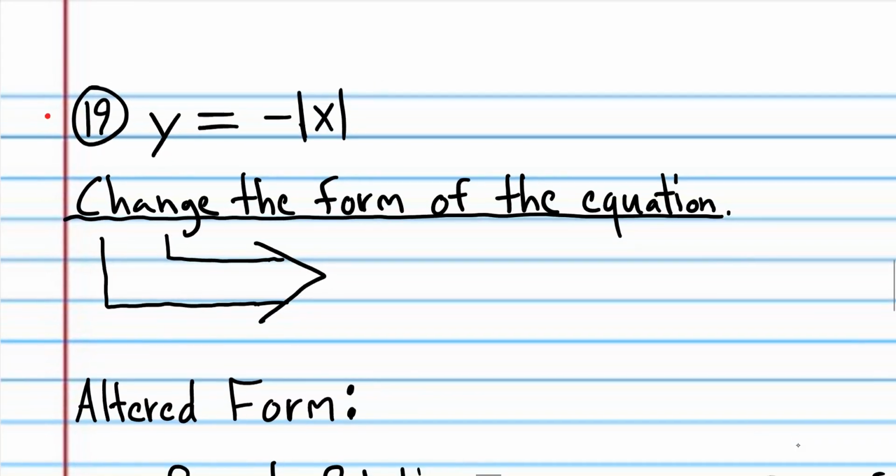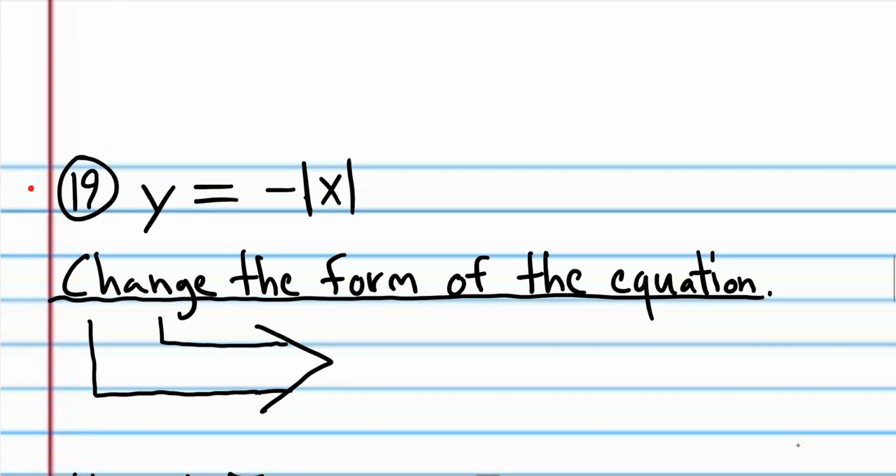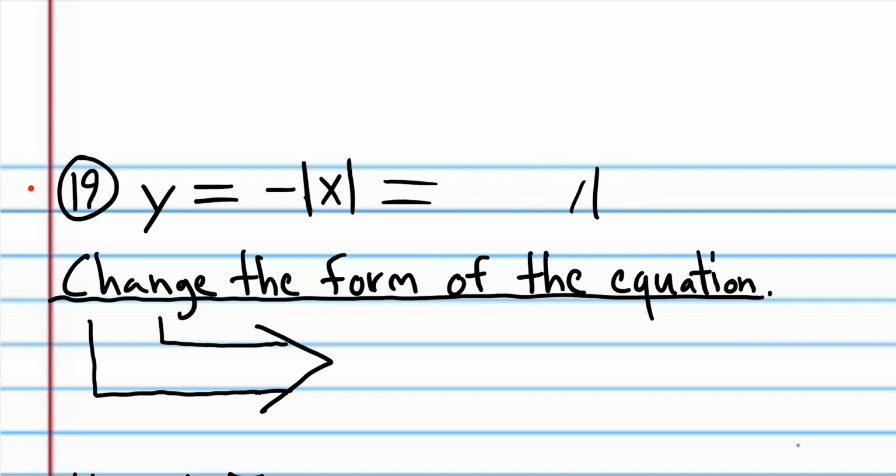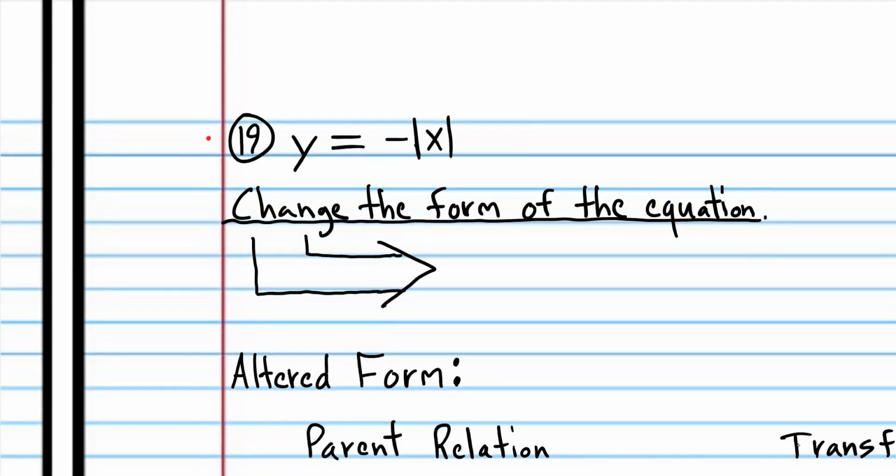Now, another source of confusion is when students see a negative in front of an absolute value symbol, they usually don't realize that the negative is multiplied into the absolute value of x. So this expression really means -1 times the absolute value of x. So what we have to do is divide both sides of the equation by -1 in order to put the negative on the other side.